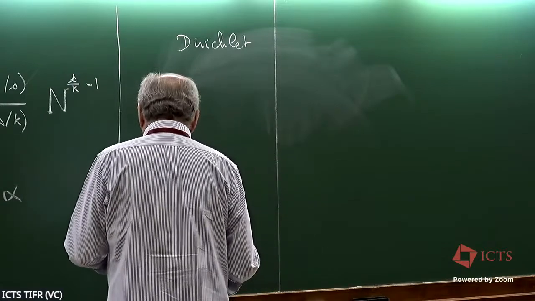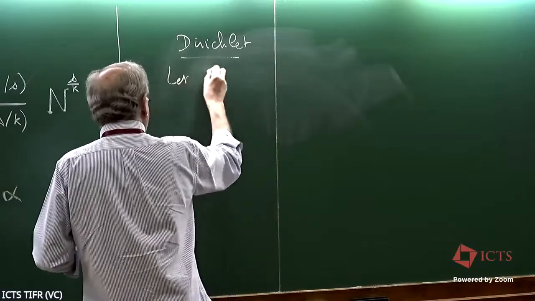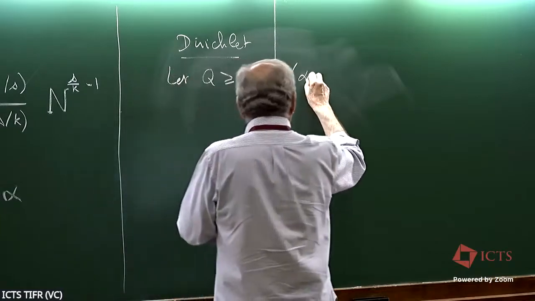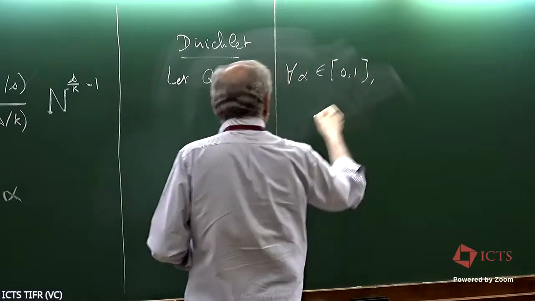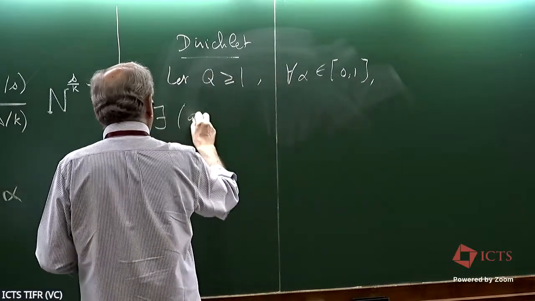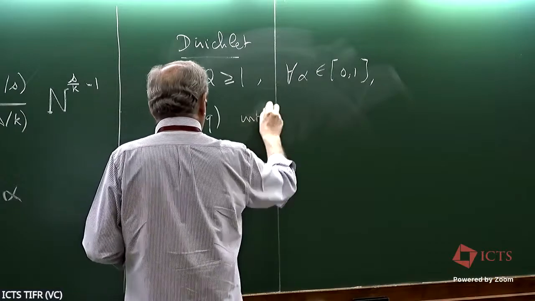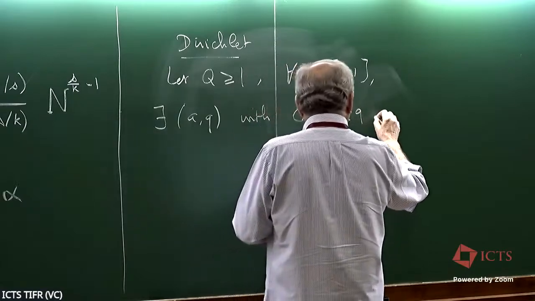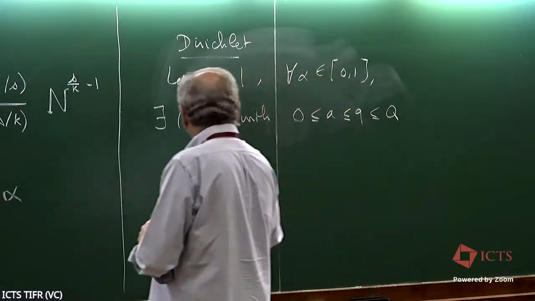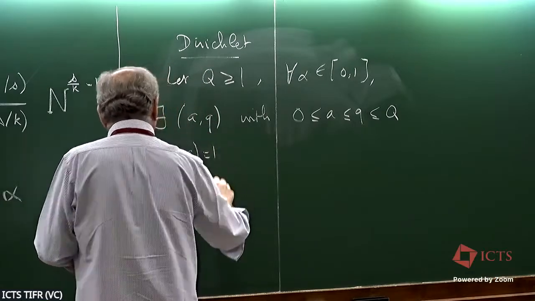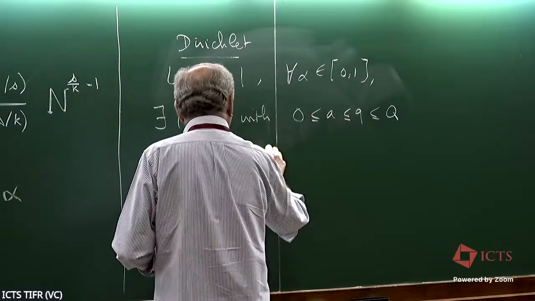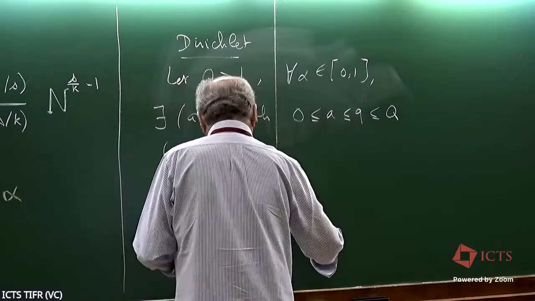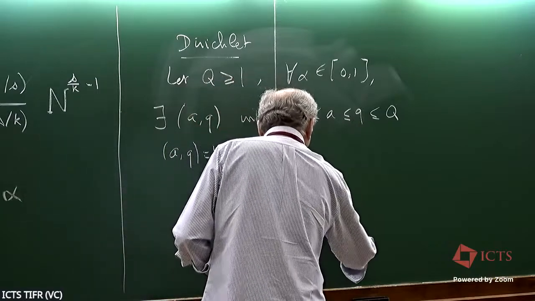Let Q be larger than 1, then for every alpha in [0,1], there exists A, q with 0 less than A less than q less than Q, and A, q are coprime, such that alpha minus A over q is at most 1 over q times capital Q.